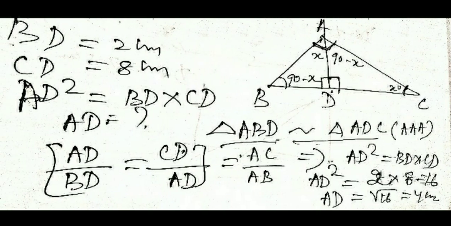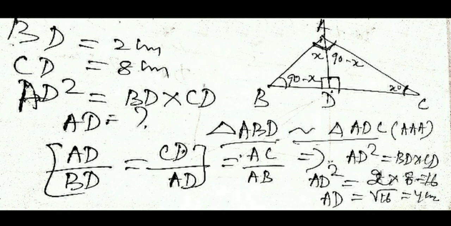Next bit. BD is given 2 centimeter, CD is given 8 centimeter. First you have to prove AD square is equal to BD into CD, and next you have to find how much AD is. It is given in the figure, angle BAD, angle A is a right angle, AD perpendicular to BC. Clear? So you can prove it.